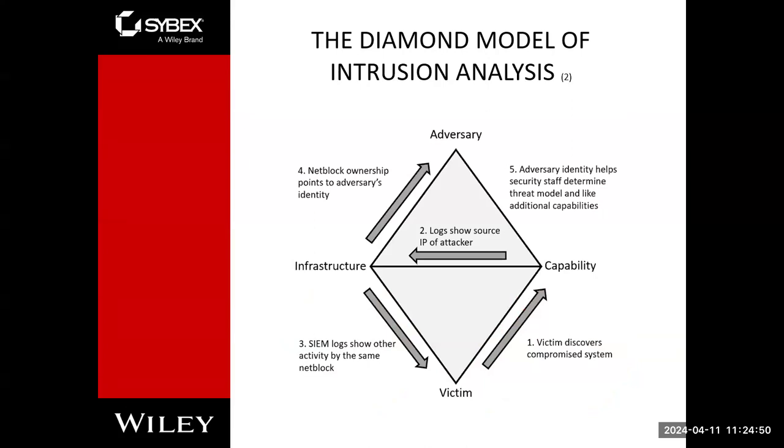And then with the diamond model of intrusion analysis, we look at it from a structural point of view, from infrastructure, capability, the adversary, and the victim in a step-by-step cyclical process.